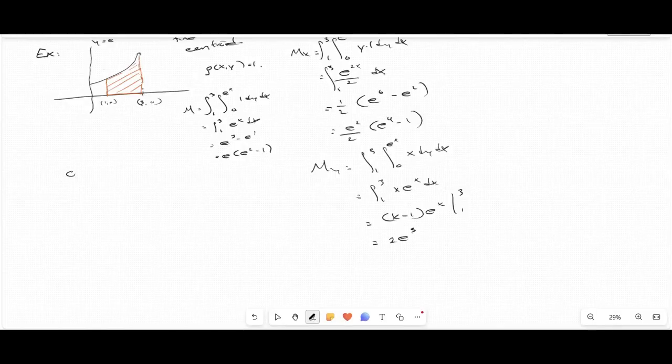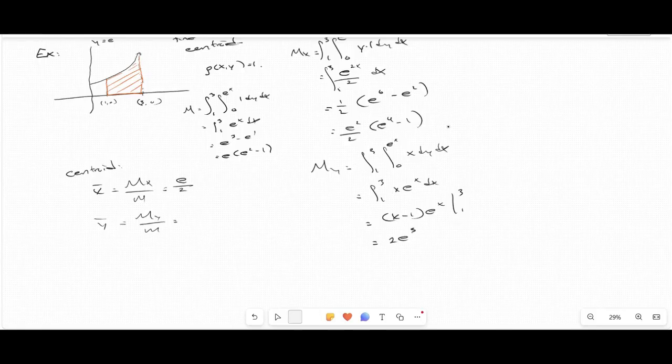The centroid for this shape is given by the average x coordinate, mx over m, and the average y coordinate, my over m. These guys come out to be something obnoxious because this problem's got a lot going on. We're dividing by m, so e over 2.